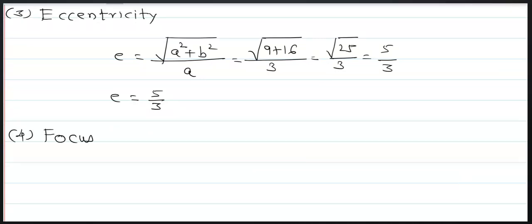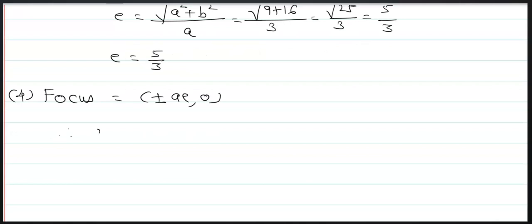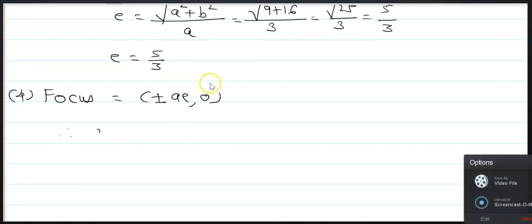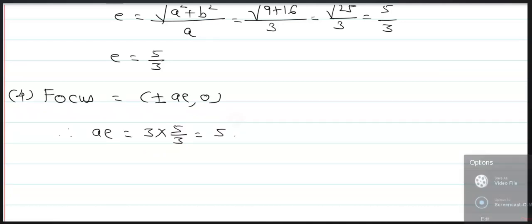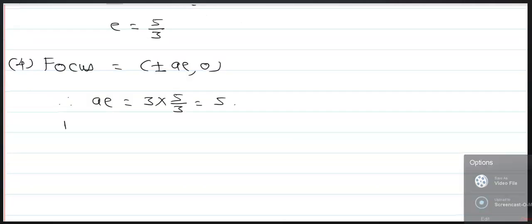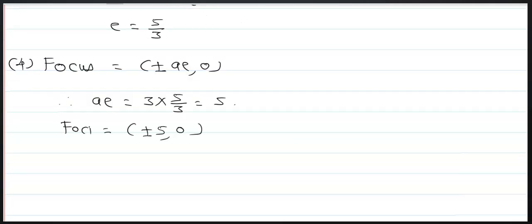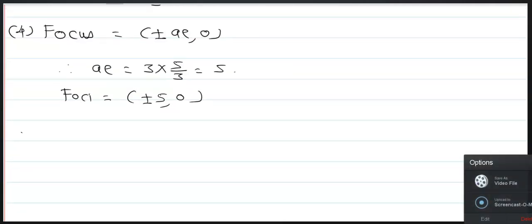Fourth one, focus, that is plus or minus ae, comma 0. That is ae is equal to 3 into 5 upon 3, that is equal to 5. So focus is equal to plus or minus 5, 0.